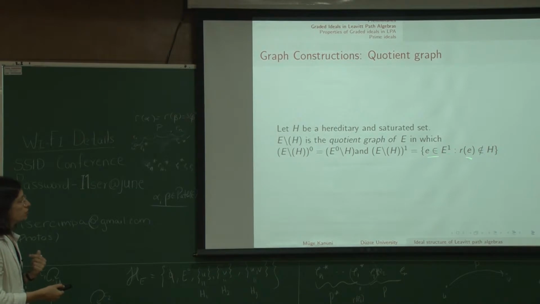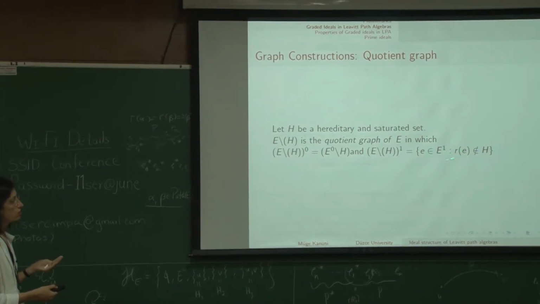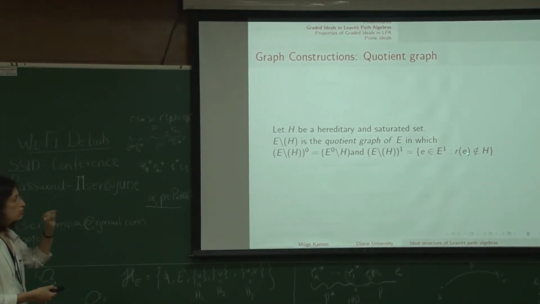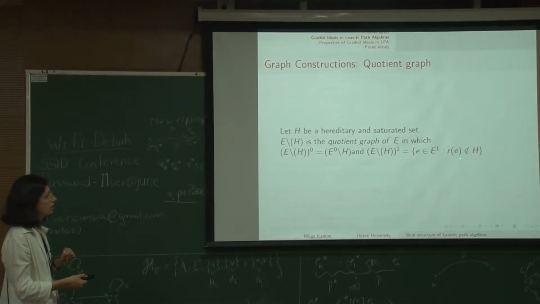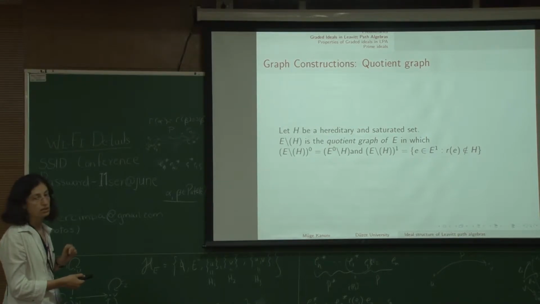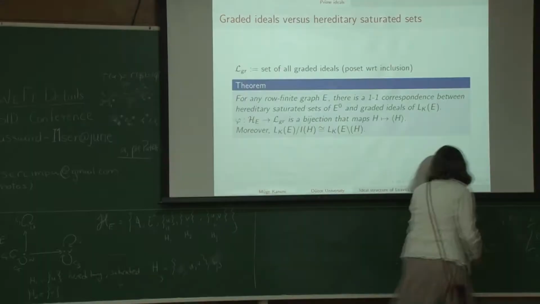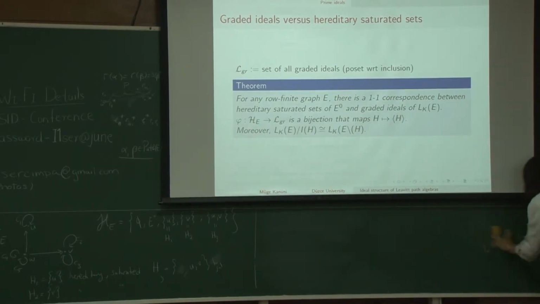Then for the edges, you remove all the edges whose ends, whose targets, whose ranges are in H. So you leave the edges whose ends are not. So that's the main theorem I'm going to discuss.